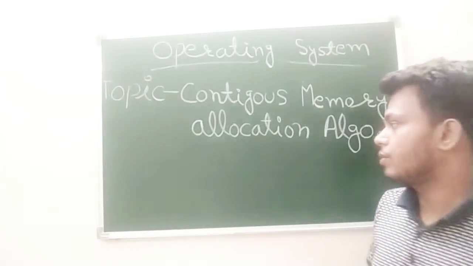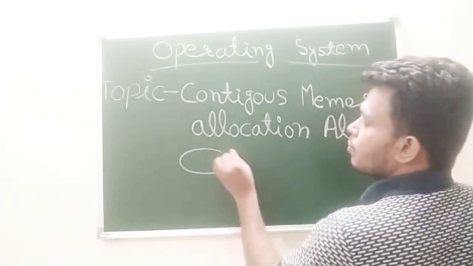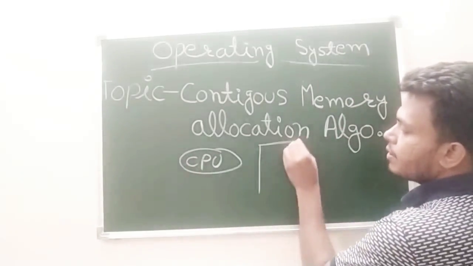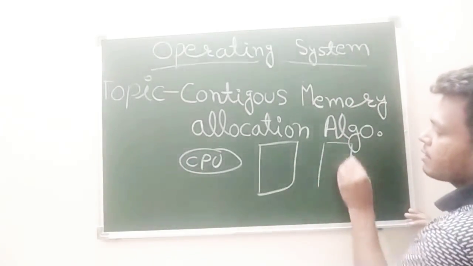the main memory. So this is your CPU, suppose, and this is your main memory, and this is your hard disk.